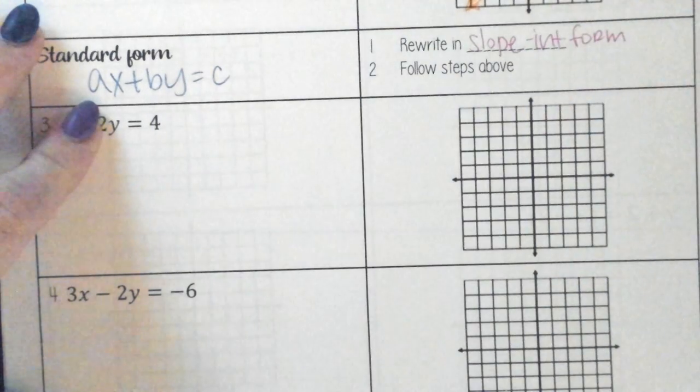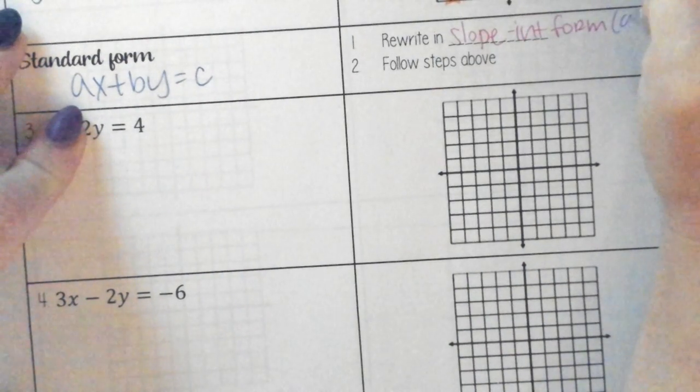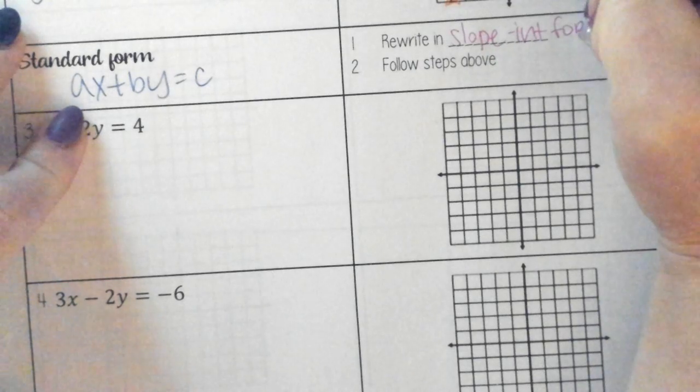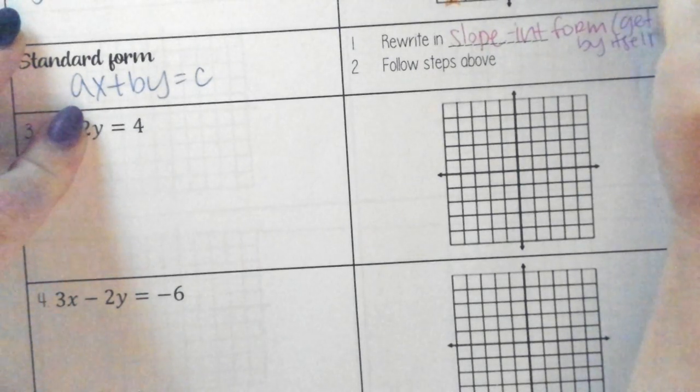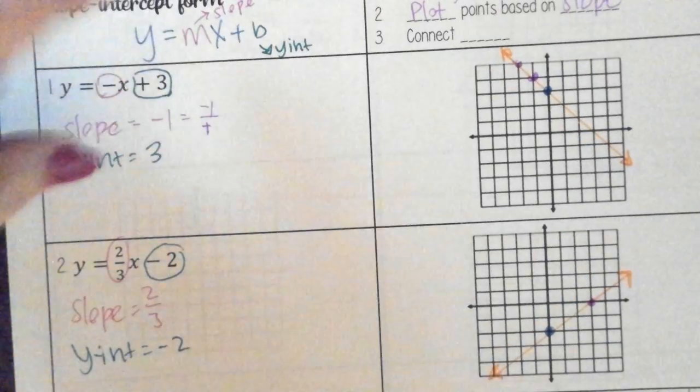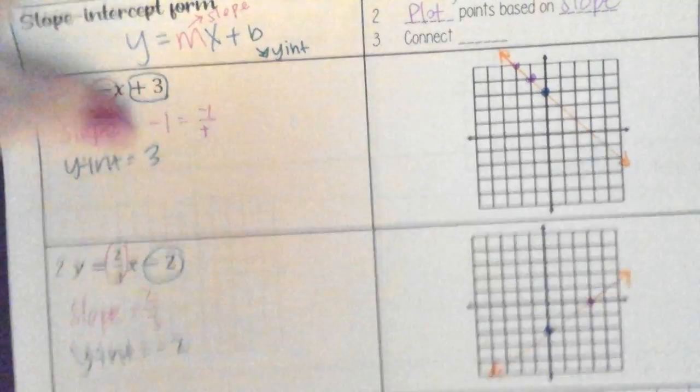So what that means is we need to get y by itself, and then we can follow these same steps.